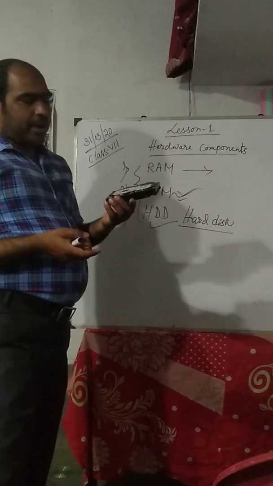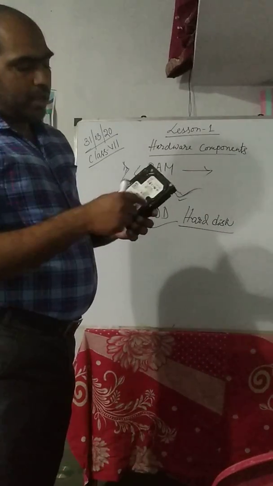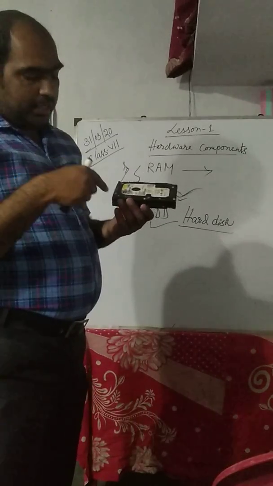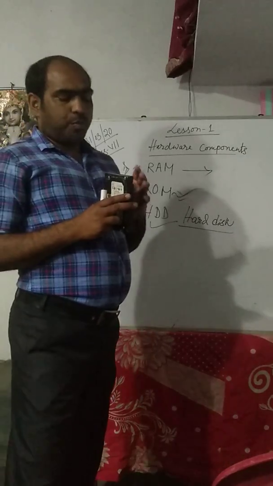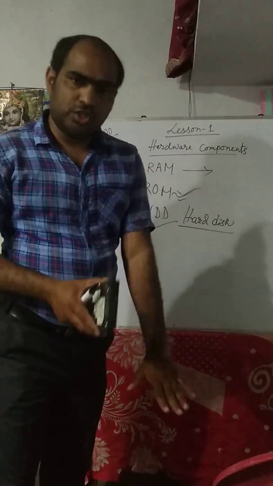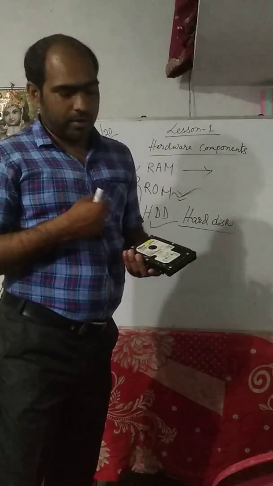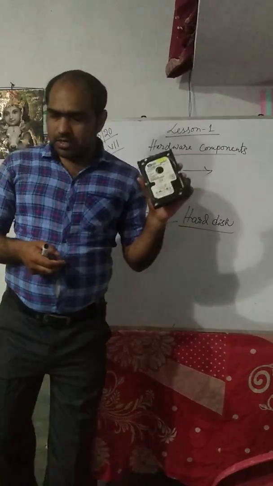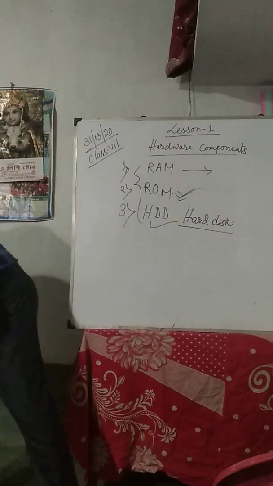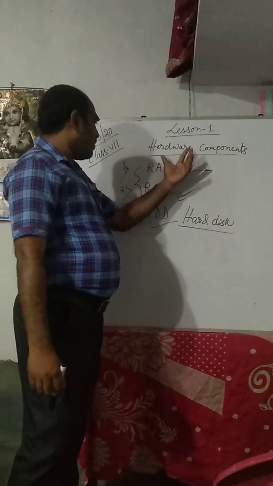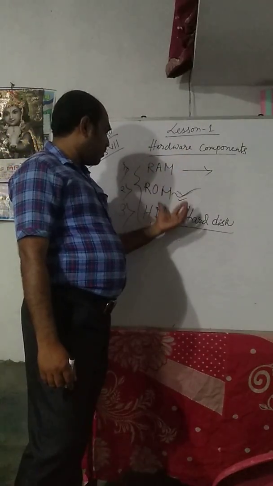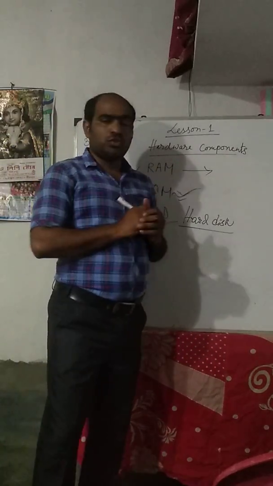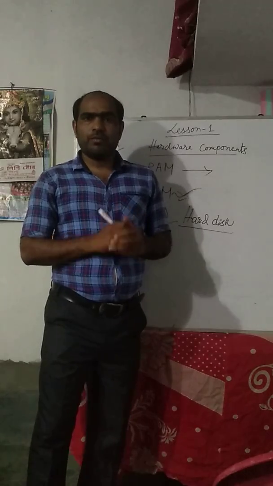Remember one thing: whenever a hard disk problem occurs, we cannot fix it ourselves. If a problem occurs inside the hard disk, we can change the part, but we cannot do it on our site; it should be done by other computer workers. So this is the hard disk I have shown you. We saw the hardware components of storage devices: RAM, ROM, and hard disk. I hope you understood about the internal storage device. Okay, thank you. We'll see you in the next class.